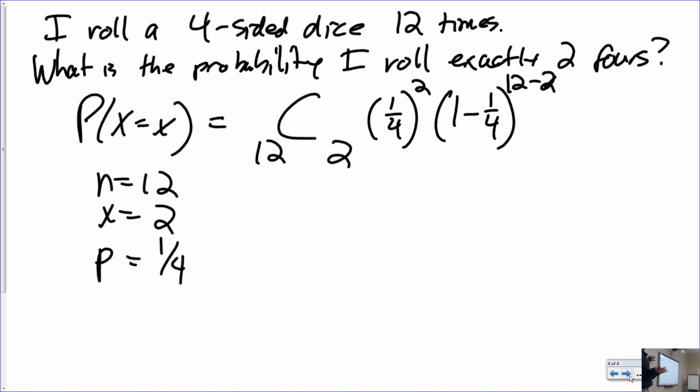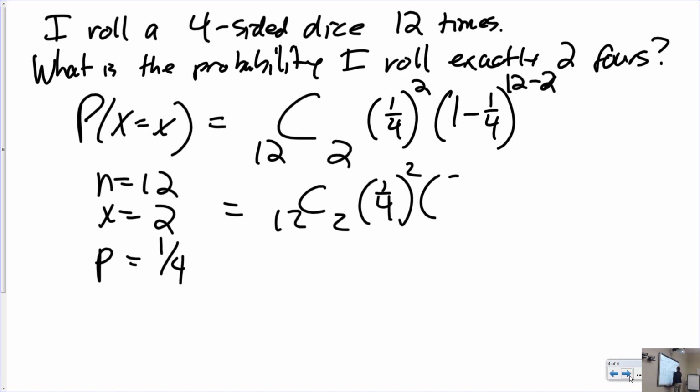And again, simplify the stuff that you can do in your head so that you don't have to try and force the calculator to do it for you, right? You know that 1 minus 1/4 is 3/4, and you know 12 minus 2 is 10.